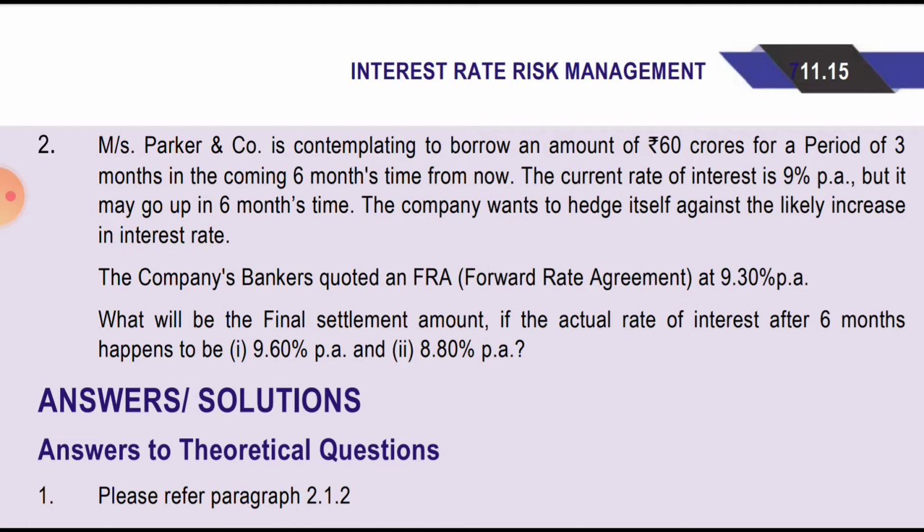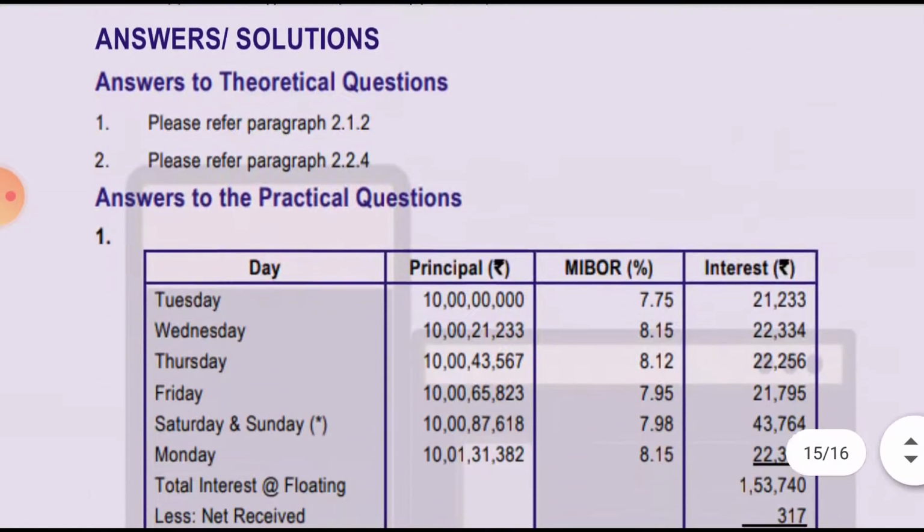So if the amount comes positive with this formula, it indicates the bank has to pay Mr. Parker and company, payable to Parker. And if the amount is negative, then Parker will pay. There is a liability on Parker and company to pay to the bank. That's what the answer is.